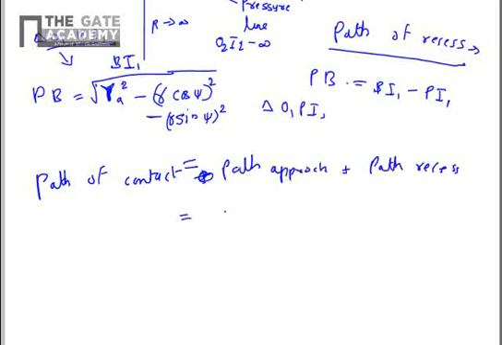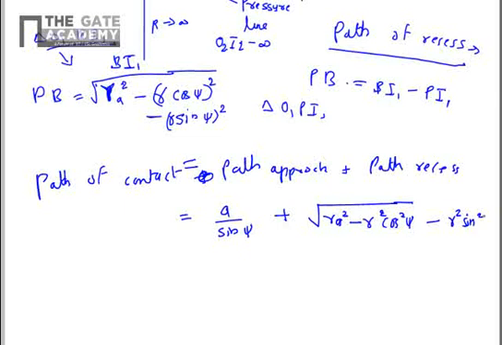This is equal to, path of approach is a by sin xi, and path of recess is the square root of R, the pinion addendum circle radius squared, minus r, the pitch circle radius of the pinion, squared cos square xi, where xi is the pressure angle, minus r sin xi, for the rack and pinion. a is the given rack addendum.